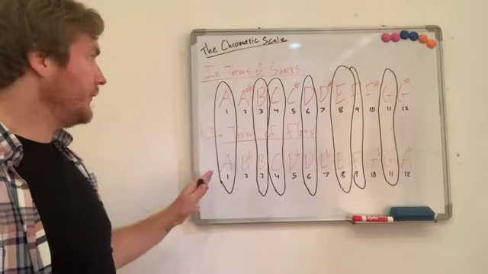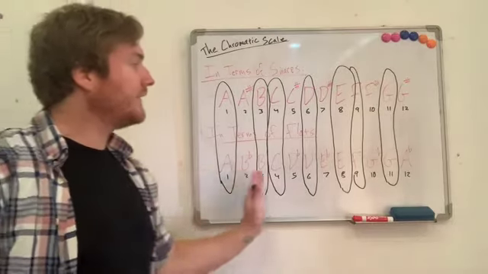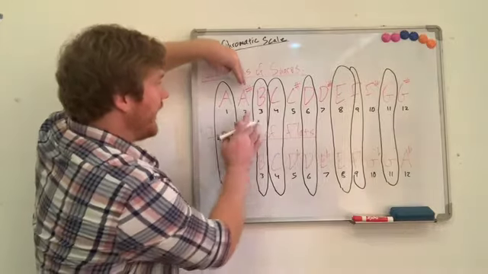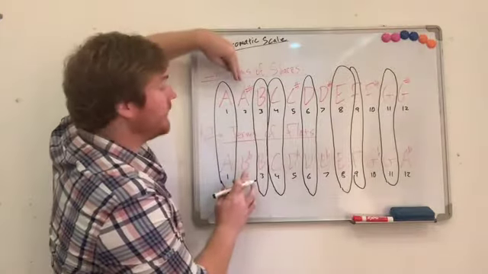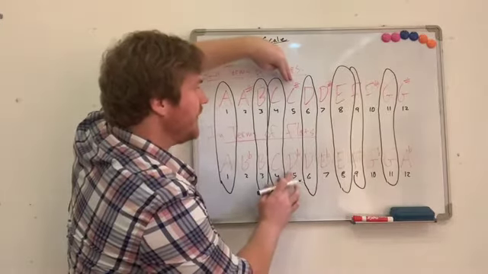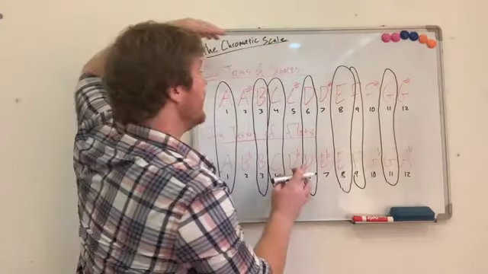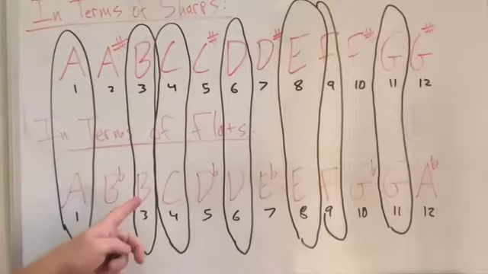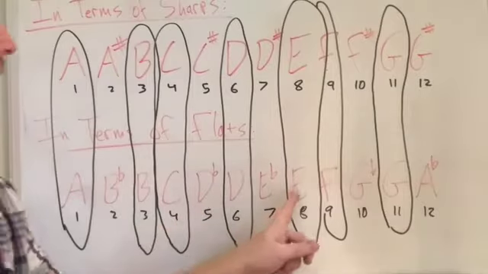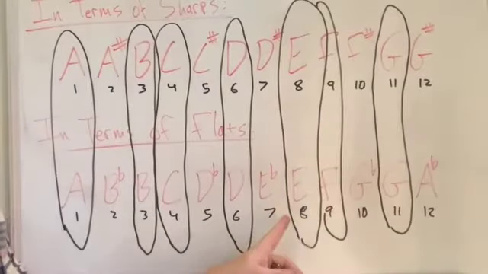All of those naturals there are in the exact same spots. And then right in between, we have our A sharp or B flat, just like we talked about before. In between C and D, we have our C sharp and D flat, just like we mentioned before. But there's no B sharp or C flat, just like there's no E sharp or F flat.